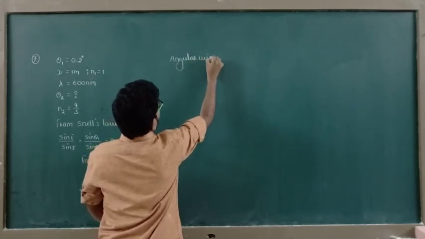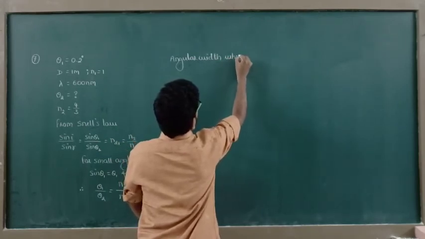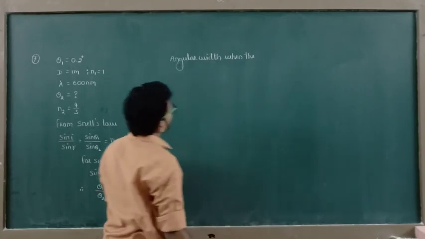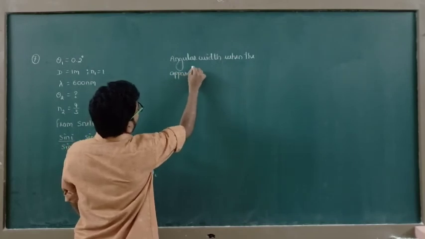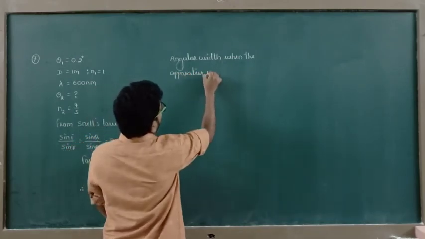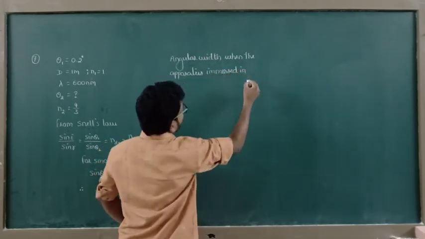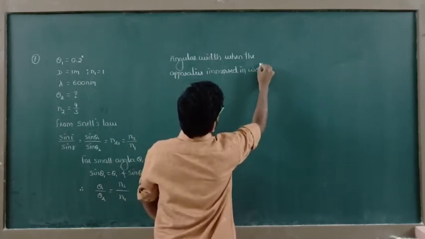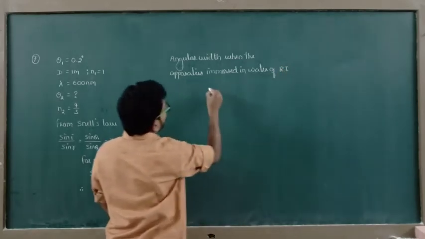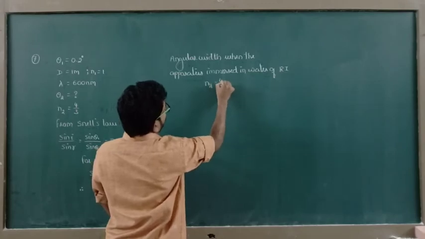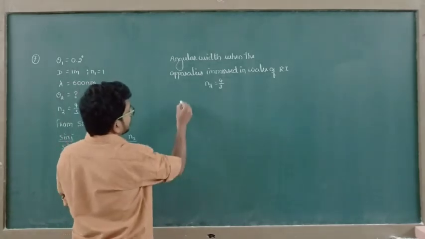Angular width when the apparatus is immersed in water of refractive index n2 is equal to 4 by 3, that is theta 2.